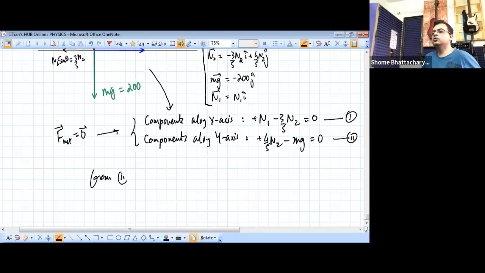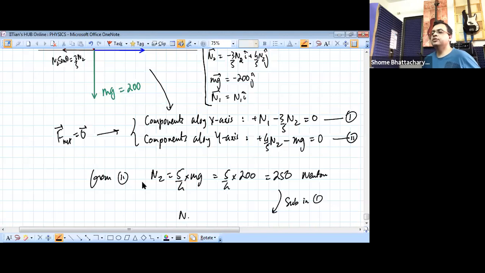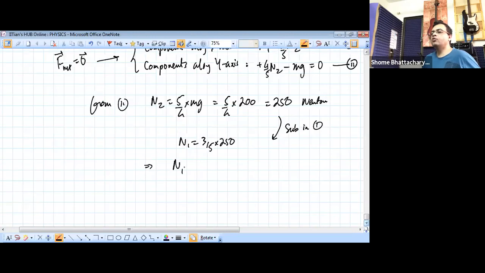So from equation 2, you're getting N2 is 5/4 of mg. So it is 5/4 of 250 Newtons, giving the answer that the wall is applying 150 newtons.